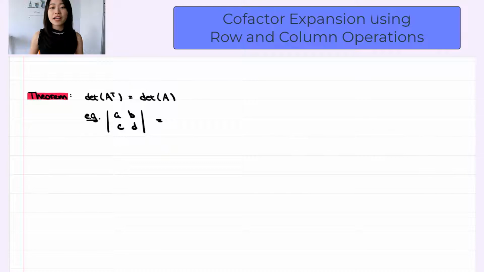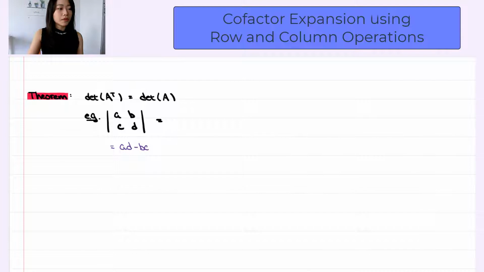And the fact that we can use column operations comes from this theorem. The theorem says the determinant of the transpose of a matrix equals the determinant of the matrix. So the determinant of a transpose remains the same. Here's a generalized 2x2 determinant, a, b, c, and d. Its determinant is a times d minus b times c.